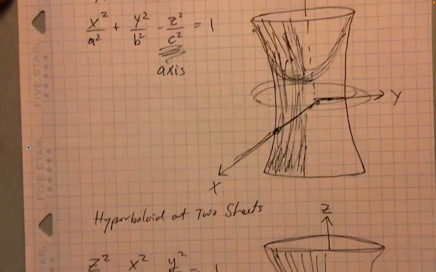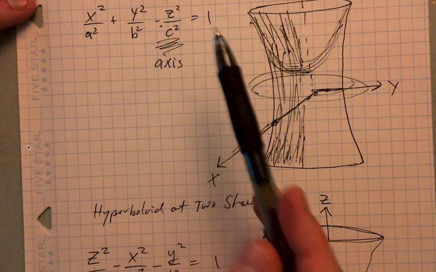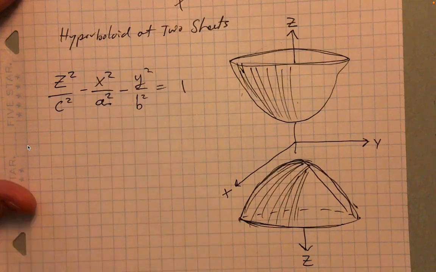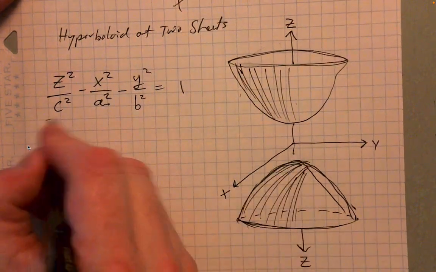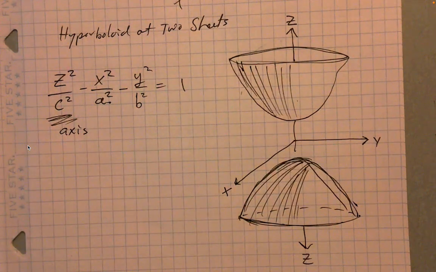So the equation is different. Here you had z as negative and the other two were positive, and here you have z is positive and the other two are negative. And so the axis is going to correspond to the variable with the positive coefficient in the case of the two-sheet hyperboloid.